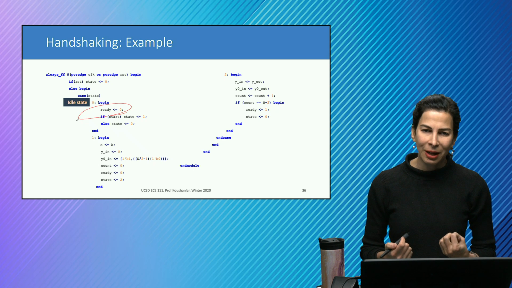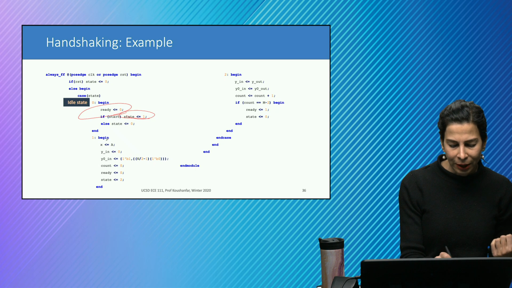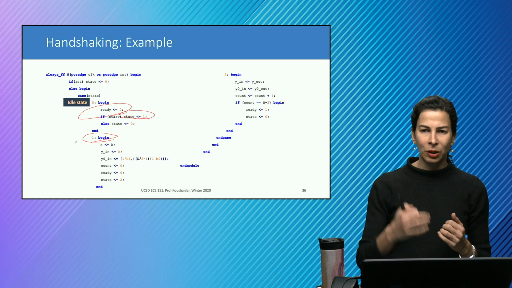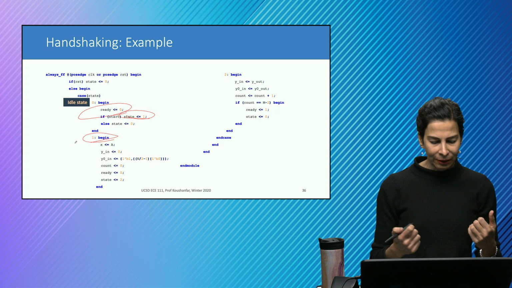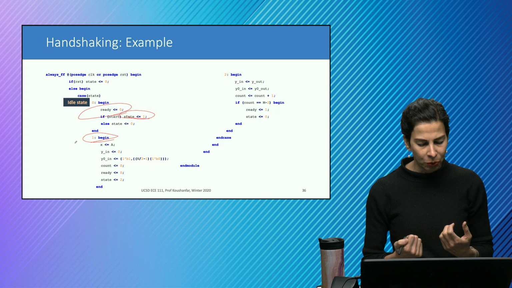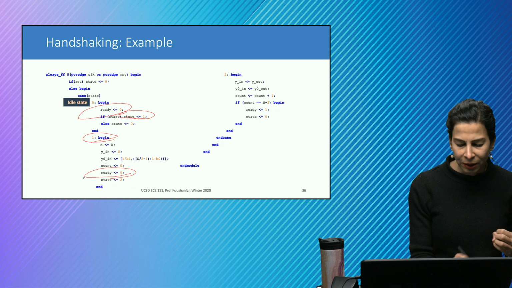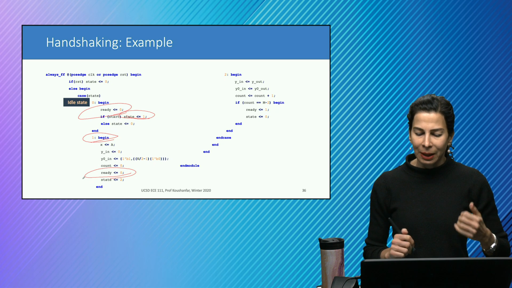But if the start comes, then we go to the begin, so we go to state 1, and state 1 is where you do the operation. The wait state is just going to be saying that this output is not ready, so the master would know that this is a wait state.